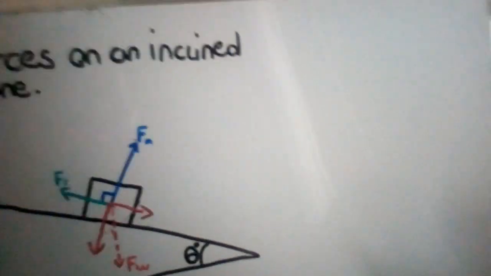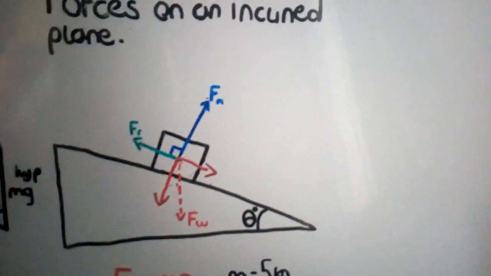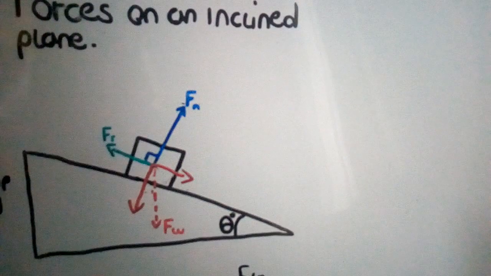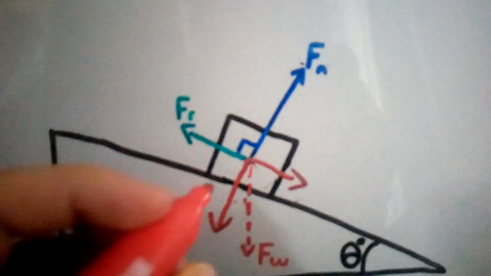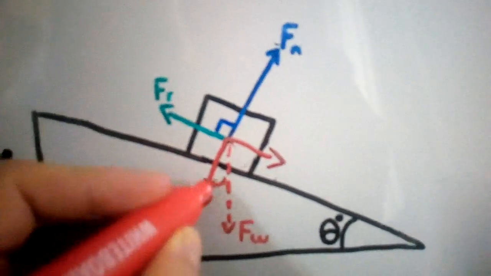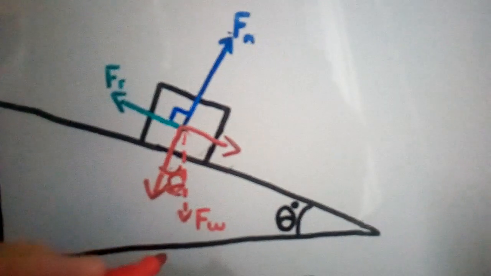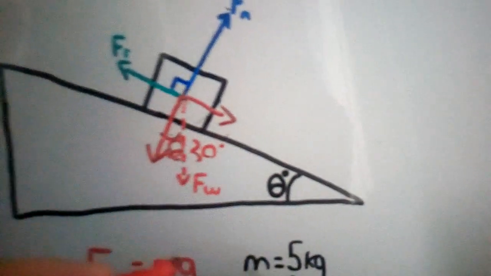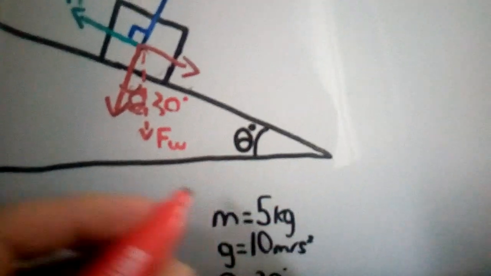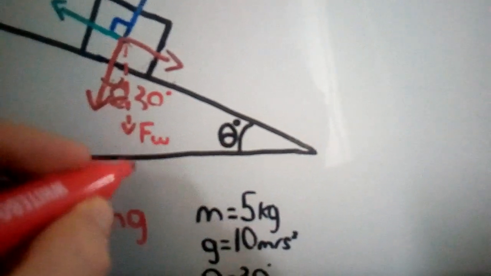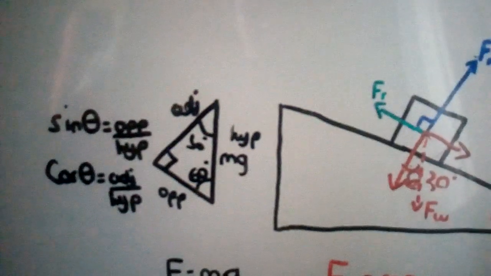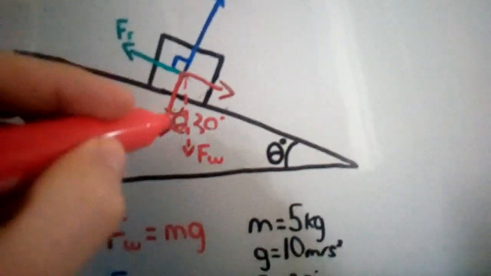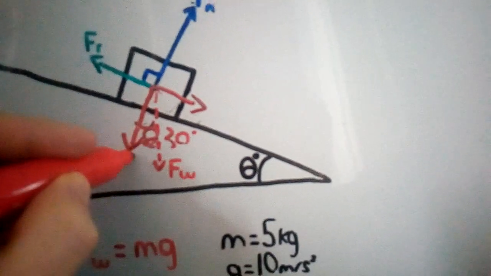Okay, and I need to know what these are. And to do that, I'm going to need to know some things. First of all, let me just label this angle theta, 30 degrees. I don't want to go into too much detail, but this would be the same triangle as here if I was to draw an imaginary line here.